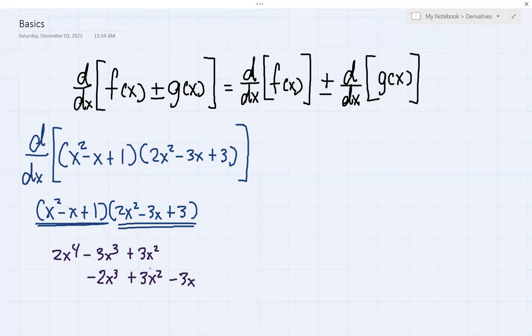Dito, sa ibabaw ng second term. Okay? So, 1 times 2x squared, 2x squared. 1 times negative 3x, magiging negative 3x. And 1 times 3, magiging plus 3.